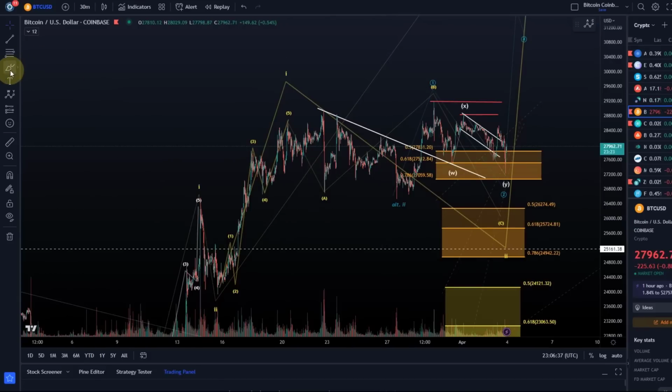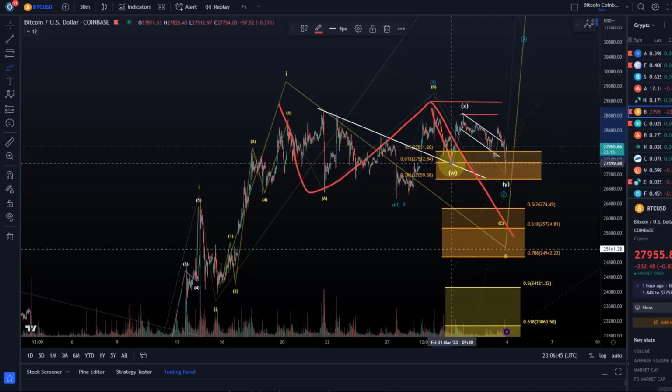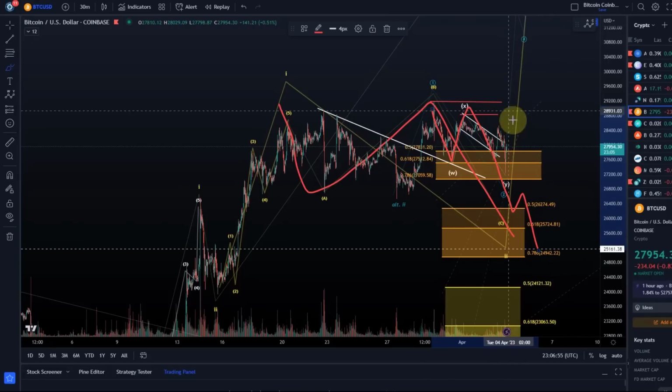And we're probably morphing into a larger A, B, C structure, in which we could have made a wave 1 to the downside, a wave 2 to the upside in that wave C. This here could now be a wave 3 to the downside, and we could do a 4 and a 5. So that's still possible.